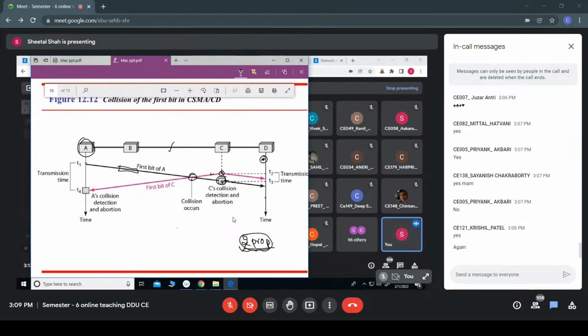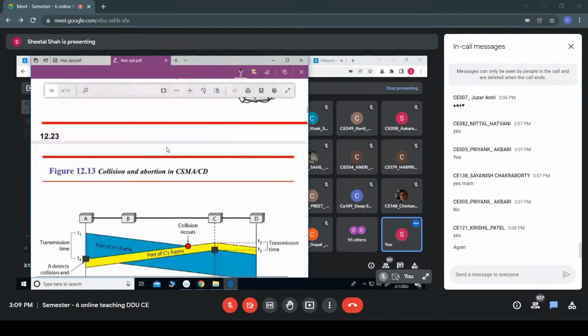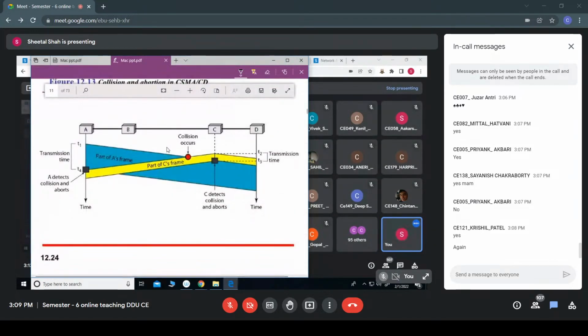At this instant of time, it may come to know that it has seized this particular channel, and it may start transmitting through that. But it implies that it has transmitted the frame without any collision. Is this thing clear, everyone? So you can see that A has sent from T1 to T4.